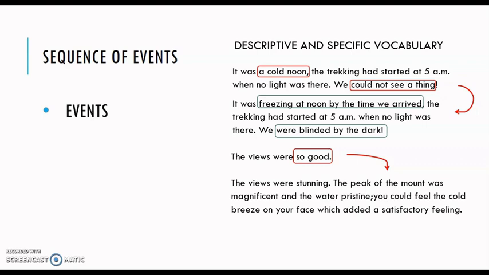So as you can see, being more specific brings more detail and information to the writing, and the reader knows more about what happened. And if we are going to write an essay for an exam, it helps us add a lot more words.